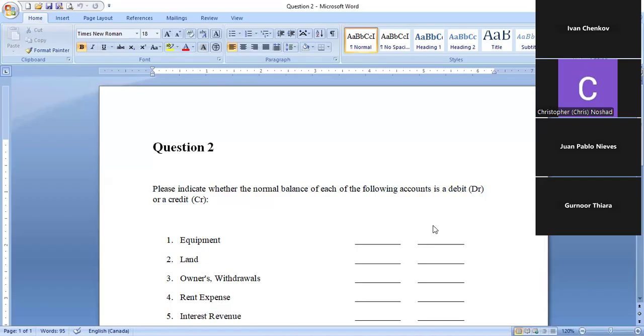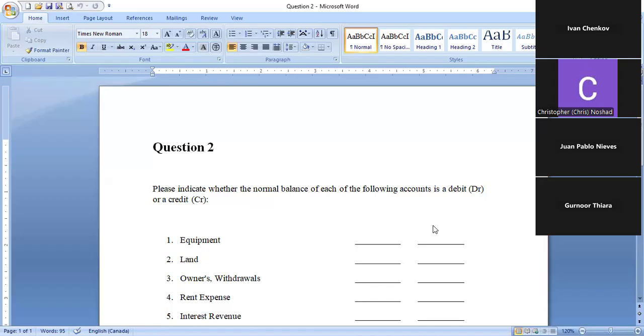Accounts that increase the owner's capital are going to be credit, but the accounts that decrease the owner's capital will be debit, right? So which accounts decrease the owner's capital? Withdrawals first. Second one is the expenses.